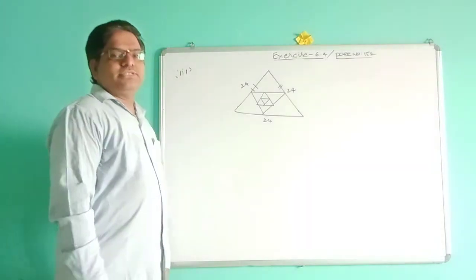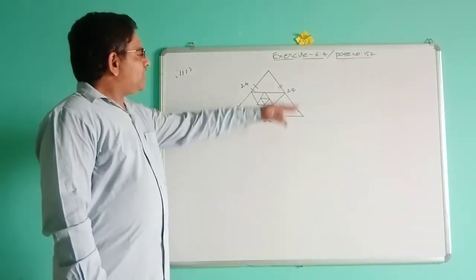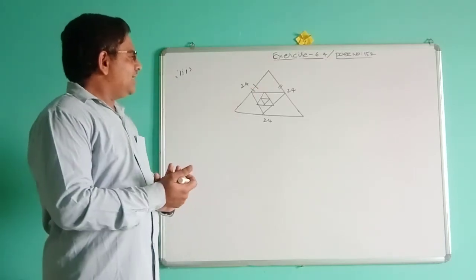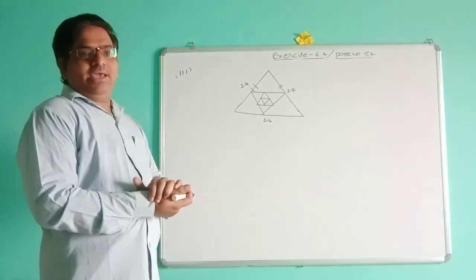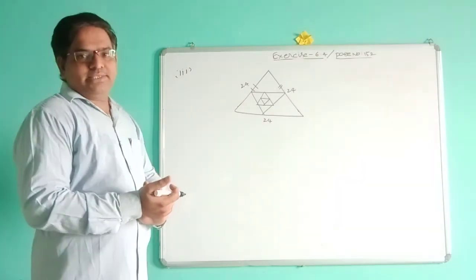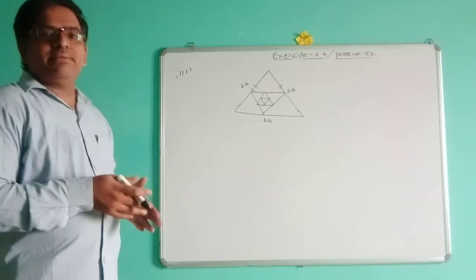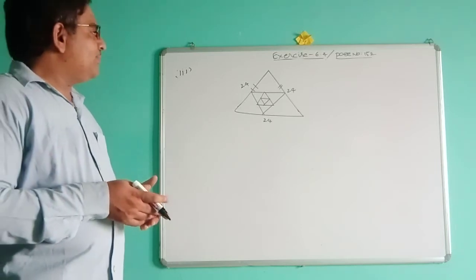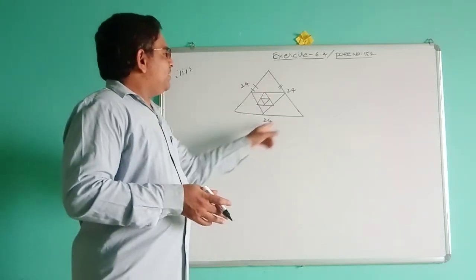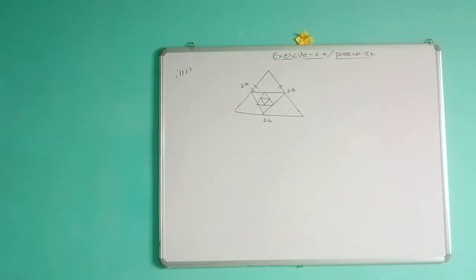Now see the third situation. What is the third situation? Read the question. The perimeter of a triangle is 24 centimeters. How to solve this problem?